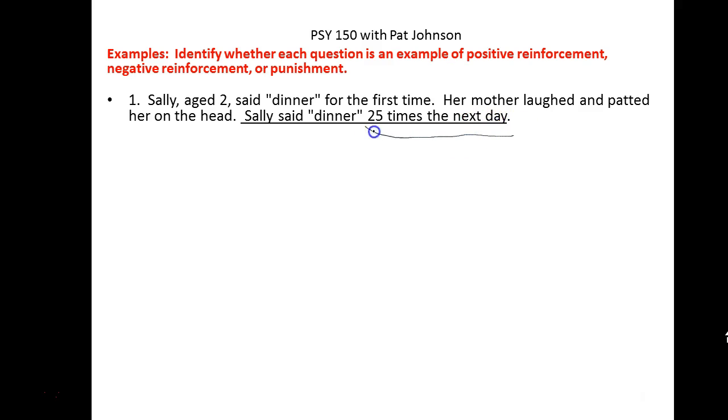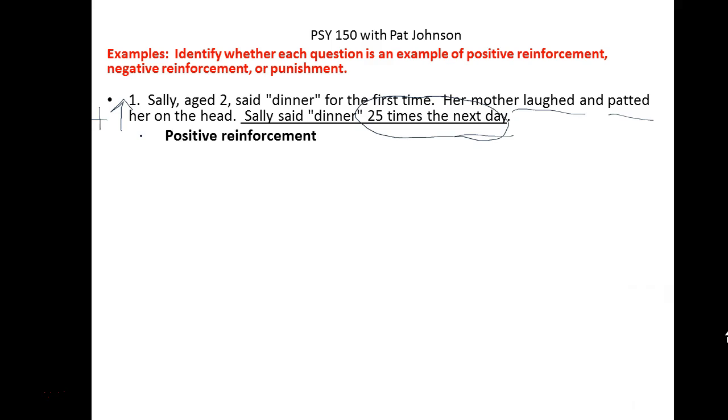Well, it's increasing. She said it 25 times the next day, so it's increasing. Has something been added or removed? Well, her mother laughed and patted her on the head. That's been added, and her behavior increases. Well, that looks like positive reinforcement. Let's check. Yep, it's positive reinforcement. Something has been added and the behavior increases.